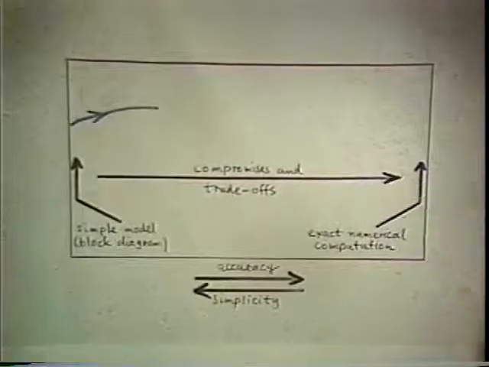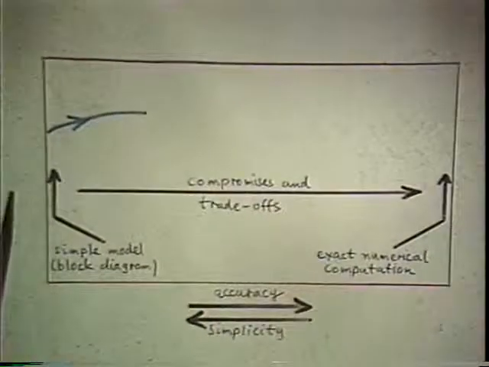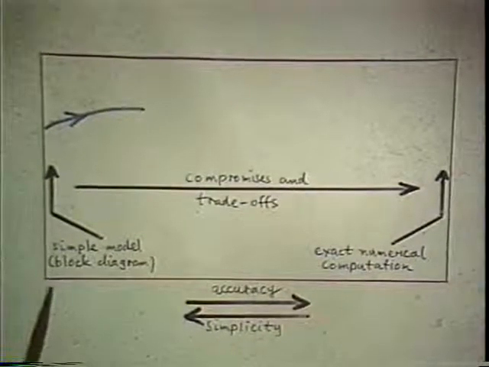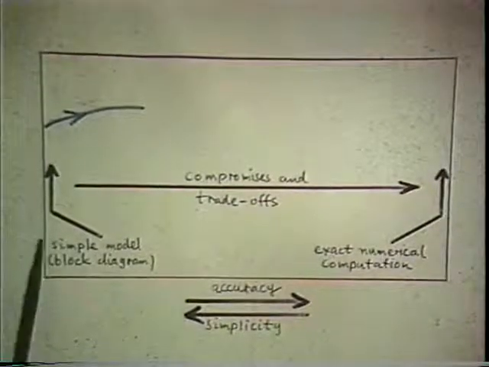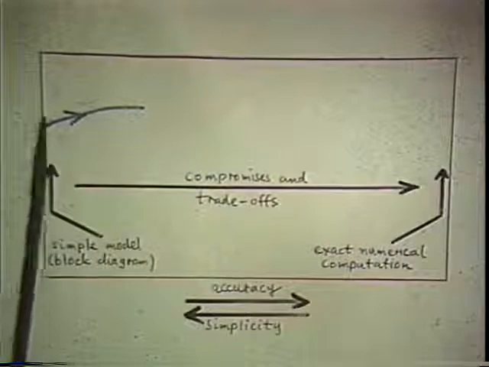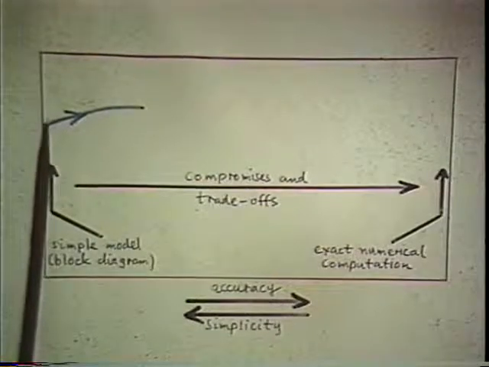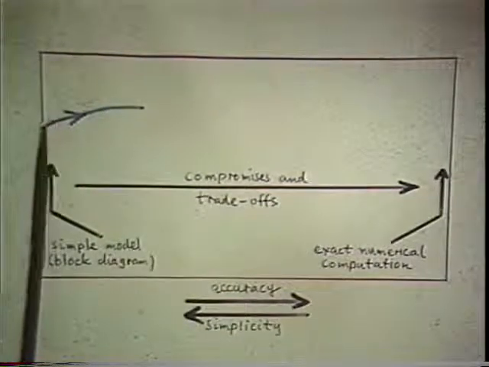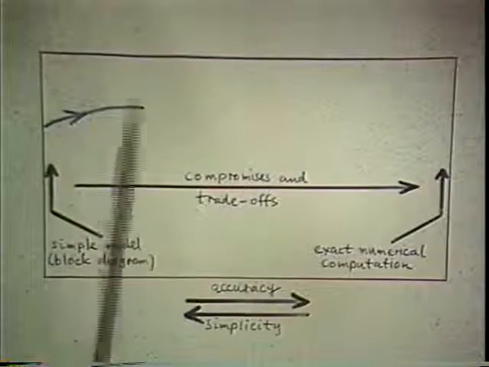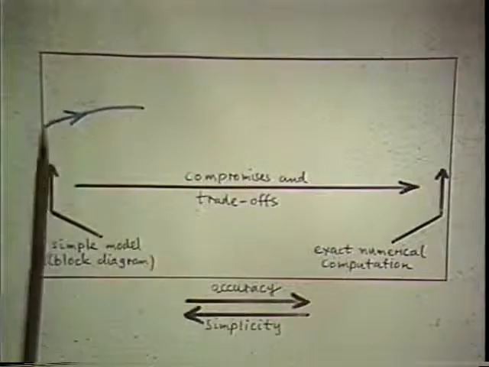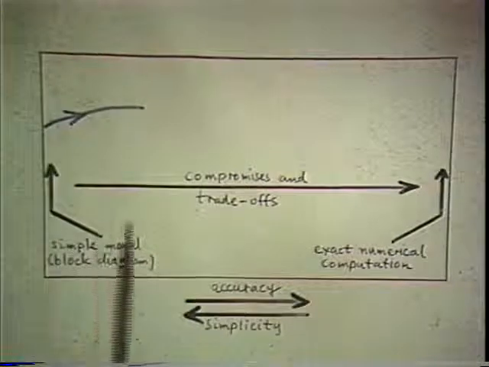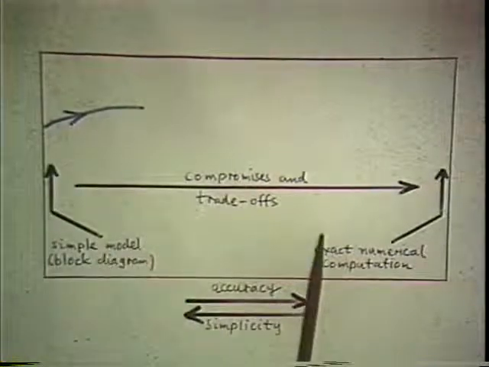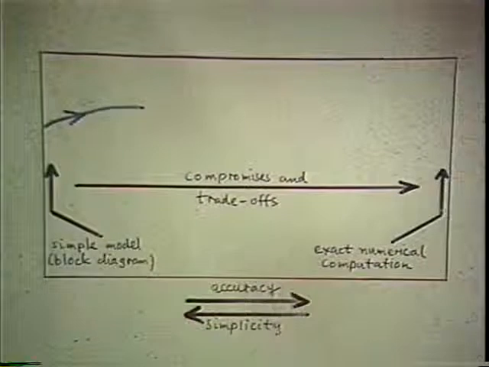A design problem is started somewhere at the left-hand end, which means you've got a very simple model, maybe only a block diagram, and of course it isn't very accurate. But the intention is to progress gradually and evenly from the left towards the right in this picture, gradually making the models more accurate and therefore less simple.